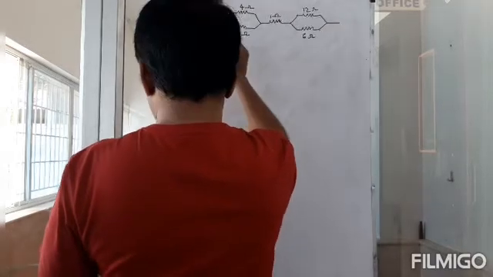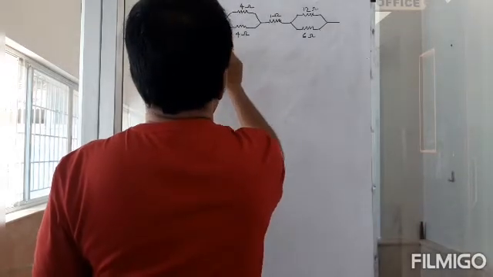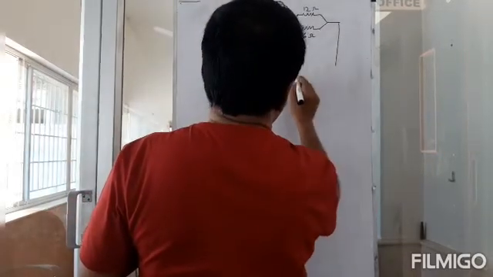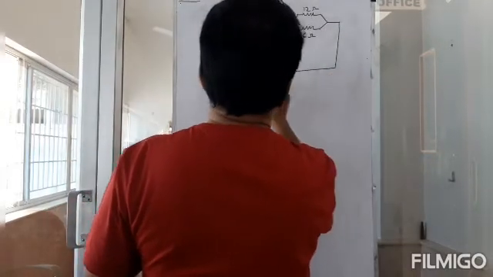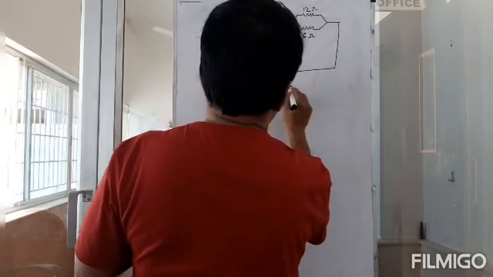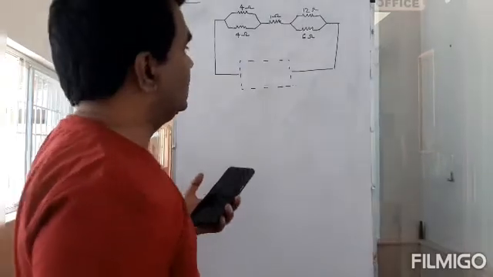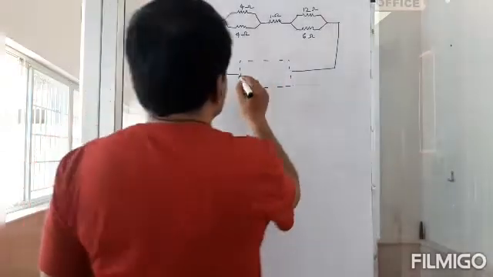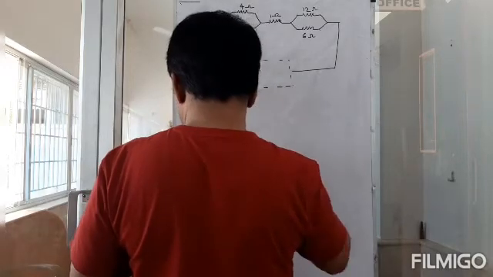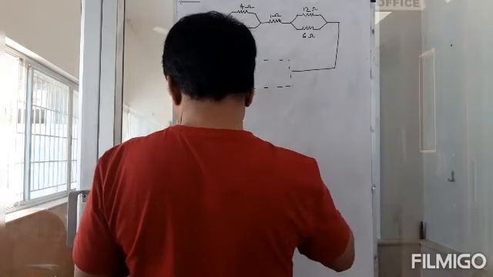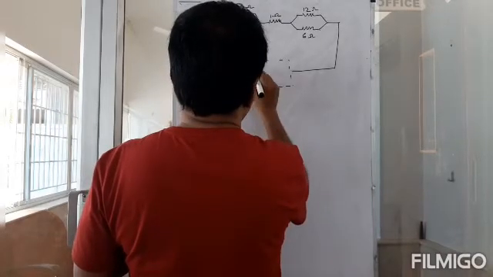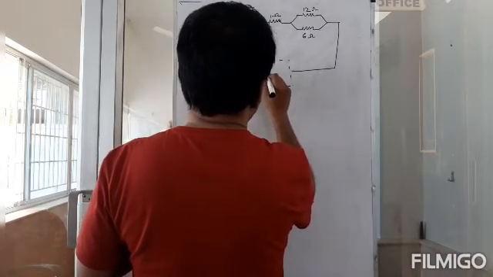That's it. So this is a network. And this network is connected to a battery, and that battery has an internal resistance of 1 ohm and EMF of 16 volts. So they've drawn like this, this 16 volts and then 1 ohm.